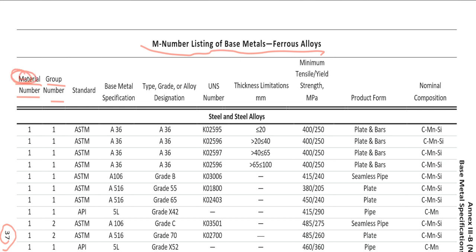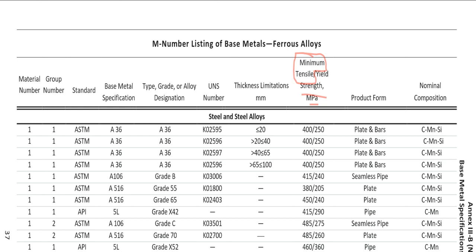Then the standard, like ASTM A36, A106 grade B, grade C, and the UNS number, Unified Numbering System, K03006, and thickness limitation, N/A, and minimum tensile strength here. This is important. Minimum tensile strength in MPa.